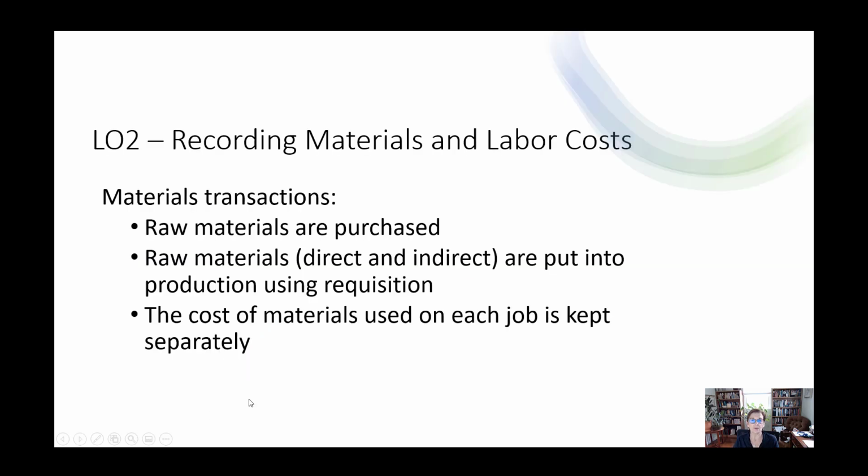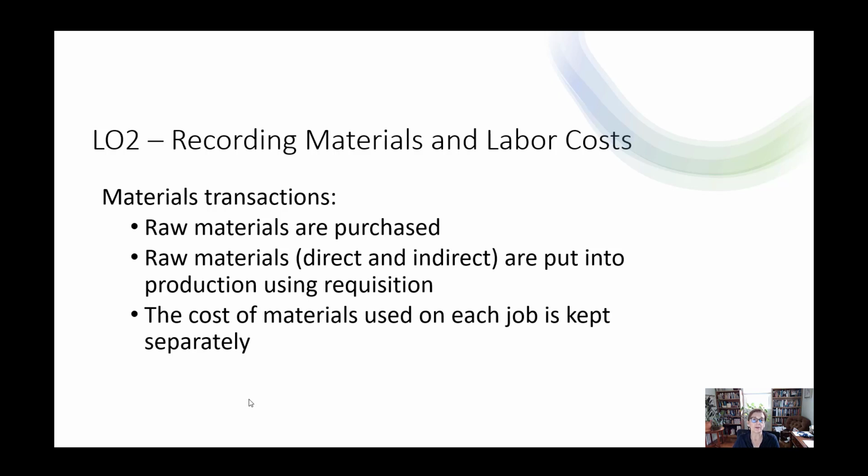So let's take a look at recording materials and labor costs. There are a few different materials transactions. One, first of all, you need to buy your materials, right? So they're going to purchase raw materials. Then they are going to requisition those materials and put them into production. And then finally, the cost of the materials that are used, of course, are kept separately for each job.